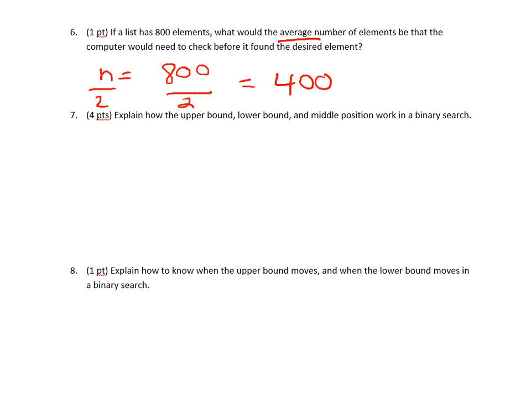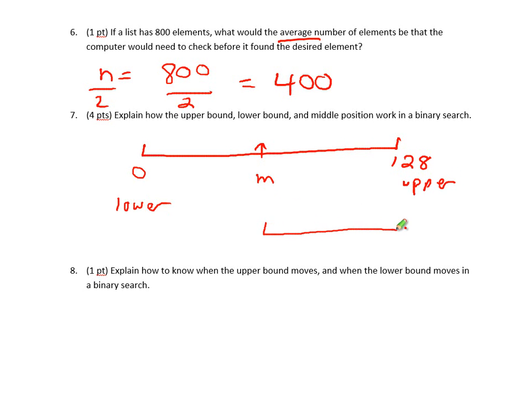Explain how the upper bound, lower bound, and middle position work in a binary search. Well, in a binary search, if you're searching from element 0 to 128, you're going to start with a middle position here, and this will be your lower and your upper.